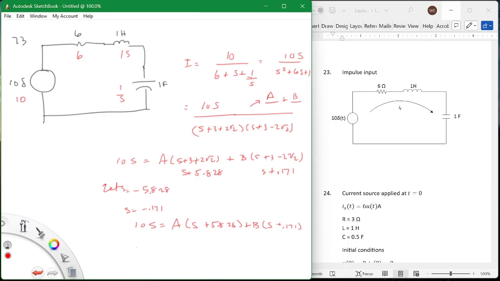So for the first one, for B, 10 times minus 5.828 is equal to B times (minus 5.828 plus 0.171). What is that? That's how you find B, and that's how you find A, and you're done. Don't mess around. Okay? I don't know the final answer, but that's how you do it.